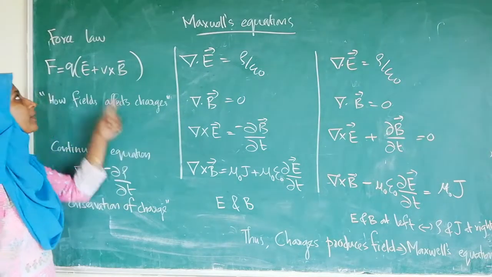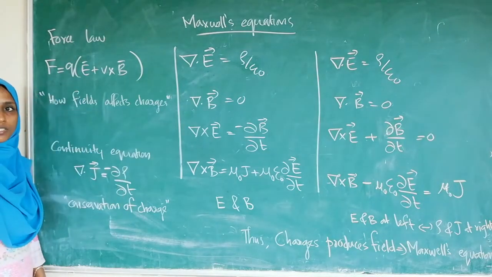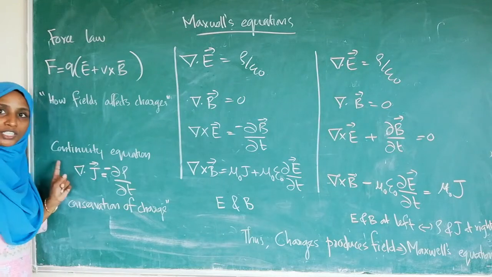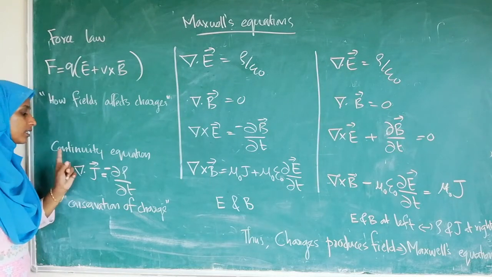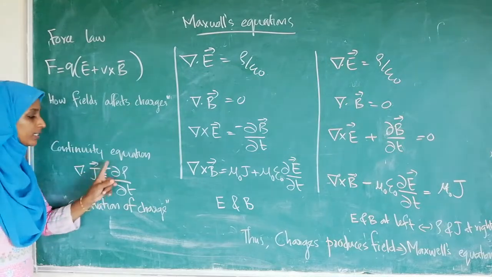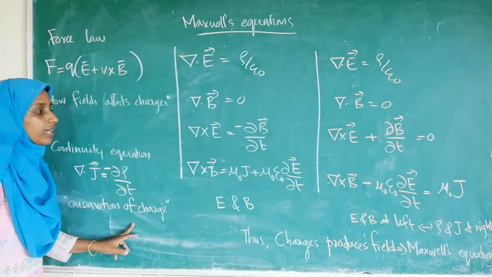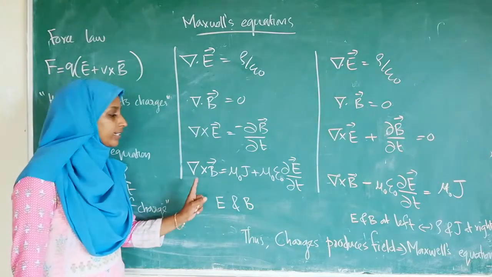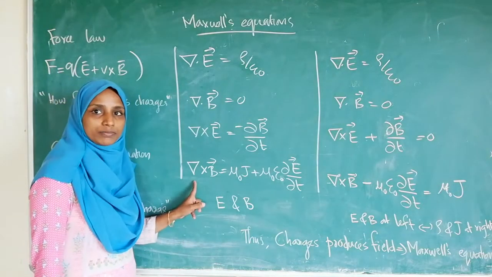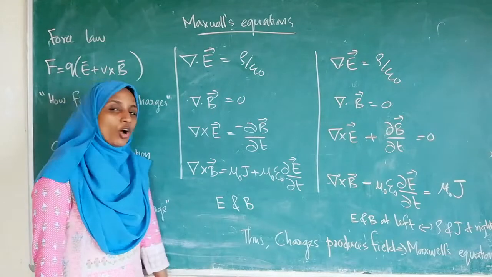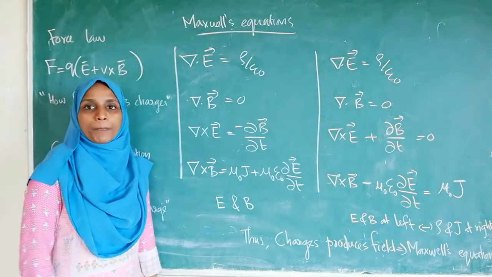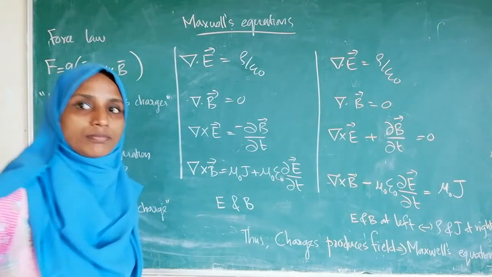He also noticed the continuity equation, that is del dot J is equal to minus dou rho by dou t, which represents the conservation of charge, and can be derived by applying the divergence to this equation. Hope you all understand the topic that I have explained.